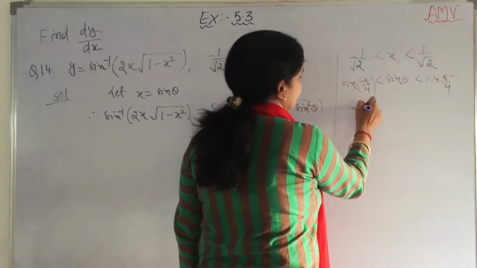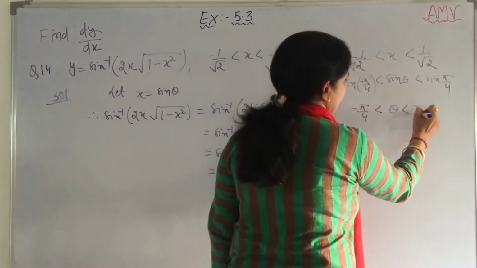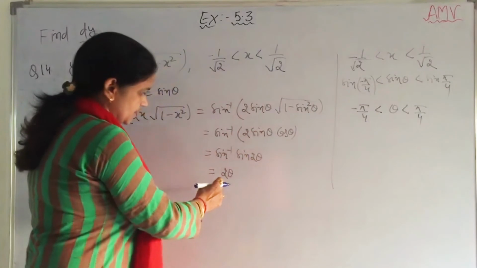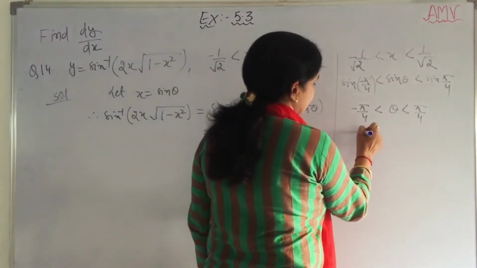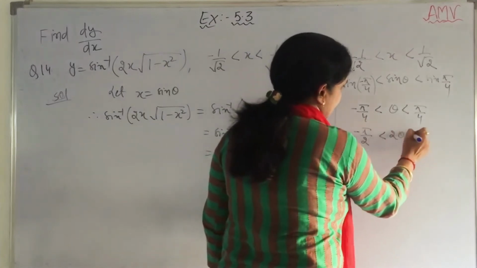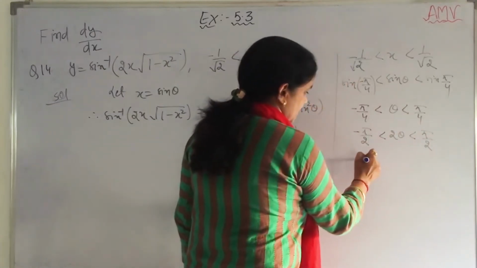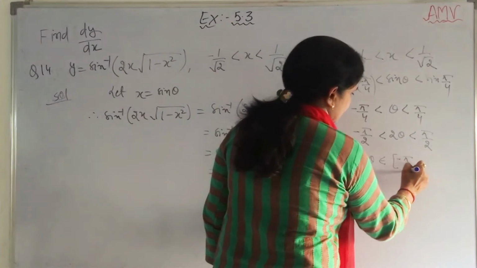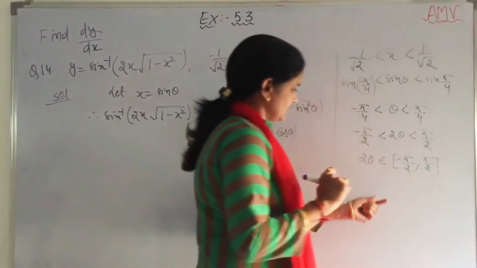Now minus pi by 4 is less than theta is less than pi by 4. Okay. And here it is 2 theta. So multiply this inequality by 2. We will get minus pi by 2, 2 theta, and here it is also pi by 2. Now 2 theta belongs to minus pi by 2 to pi by 2. It is the range of the sin inverse function.